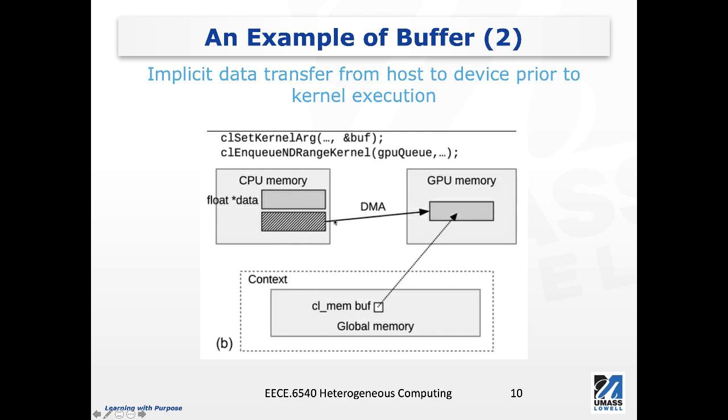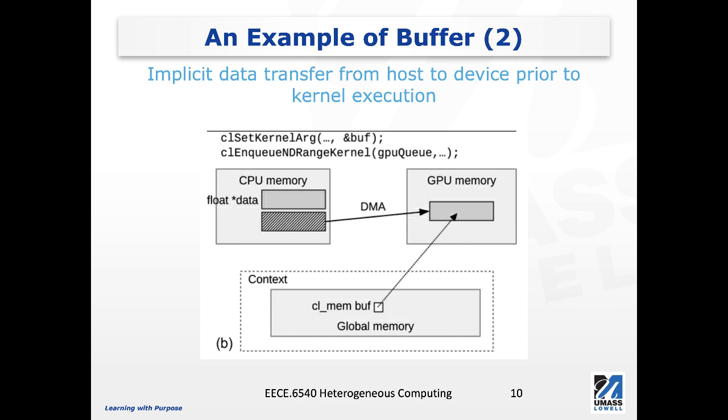Only at this runtime, OpenCL will perform a DMA, direct memory access operation, to copy the actual data from the host memory to the device memory on the GPU side. And after that is done, the GPU kernel will then start reading the data from this GPU memory.